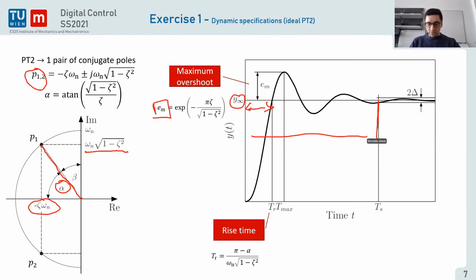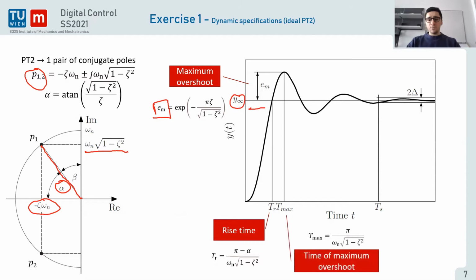So the rise time is quite fast for this system. The rise time is a function of the damping ratio and also the natural frequency. So here we have our two unknowns, omega n and zeta, in the rise time definition.